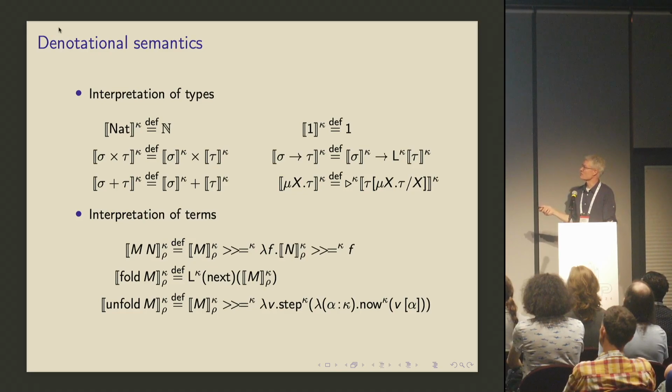For the opposite direction, the M here that I get has the recursive type, and that is later of the type that I want. But I can eat this later using this delay modality here, and do that using the step like here.